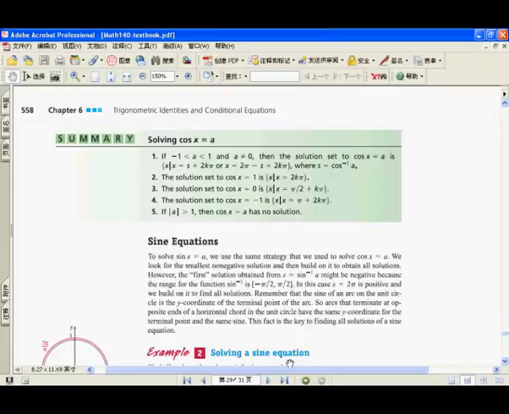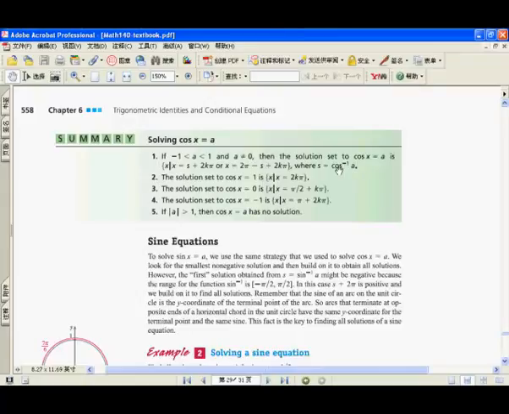So last time we talked about the fourth example of the trigonometric equation, and we tried to solve cosine x equal to a. When a is between -1 and 1, first you may find the inverse cosine of a.